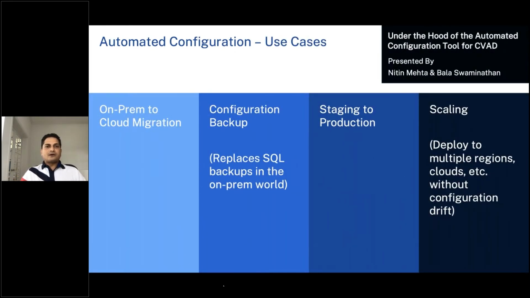Breaking the automated configuration tool into use cases, first and foremost, a lot of our customers use it for an on-prem to cloud migration. The key thing to understand is that it is not migrating the entire configuration base, but migrating pieces of it.